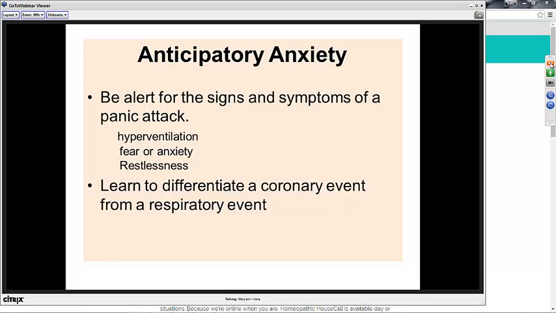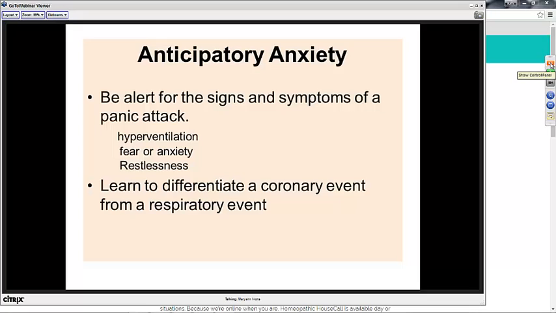You have to learn the differentiation for this, which is a coronary event, and many times people go to the ER with a panic attack or an anxiety attack, and they get worked up for a myocardial infarction.